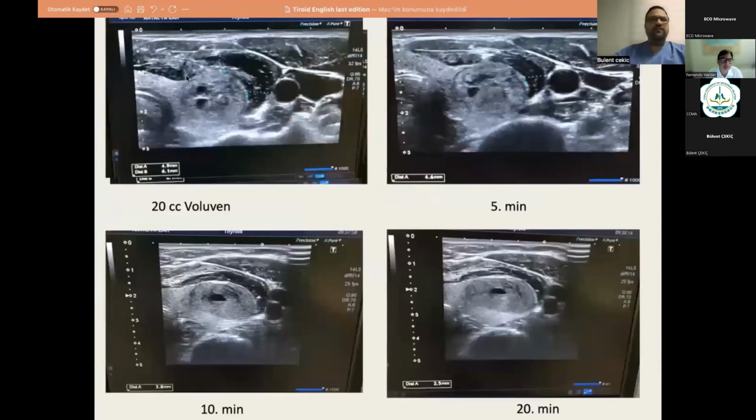We have a left thyroid nodule, and we use 20 cc volume, and the hydrodissection area diameter is 4.9 millimeters. After 5 minutes, 4.6. After 10 minutes, 3.9, and after 20 minutes it is 2.5. As we know, for 20 minutes we have a safe hydrodissection area.